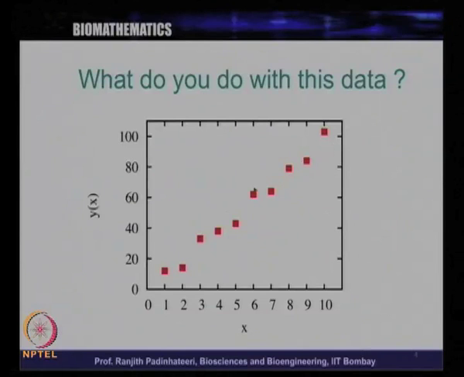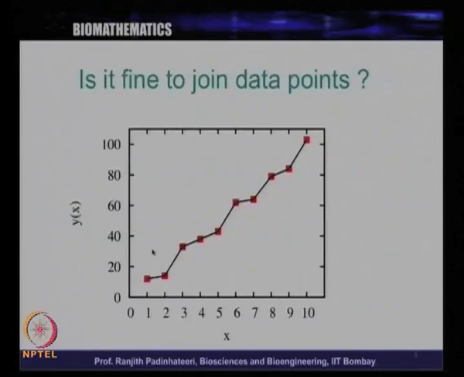By looking at these points, before knowing anything about them, the tendency is basically to join the data points. So, is it fine to join data points like this? The answer is no. It is incorrect to join the data points with some curve like this. It doesn't mean anything.